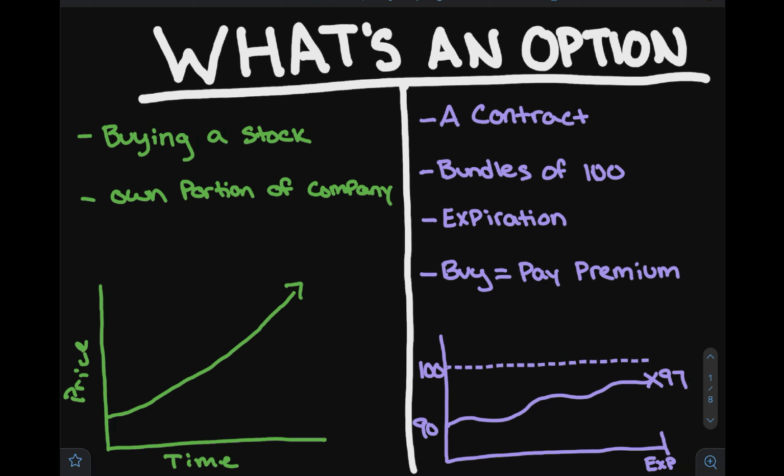So the first thing we want to learn about is what is an option, like what actually is an options contract or options trading. So the best way to kind of split it up is on the left side, we have you just buying a share of a stock or a fractional share of a stock. When you're buying a stock, you are then owning a portion of that company because you now own part of their stock.